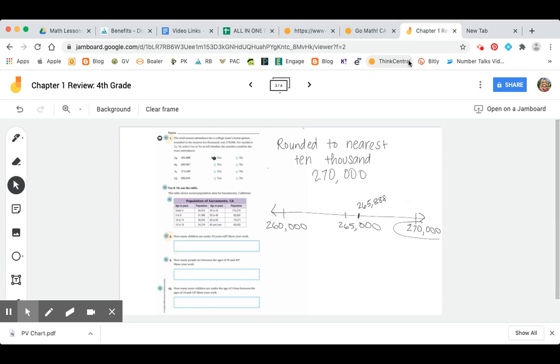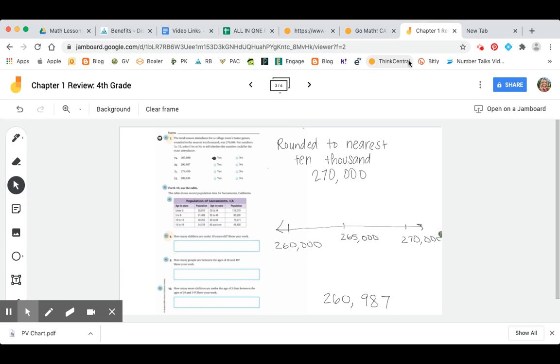All right. Let's check out the next one, 7B. We have to figure out 260,987. Okay. So 260,000 would be on this endpoint, 270,000 over there, 265,000 in the middle again.